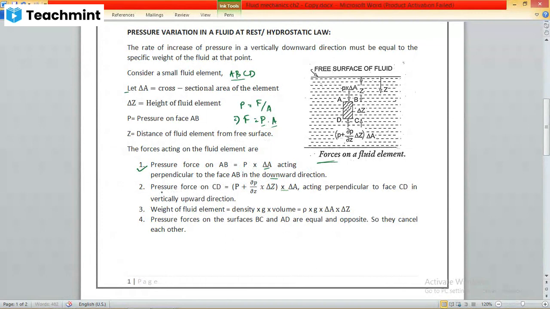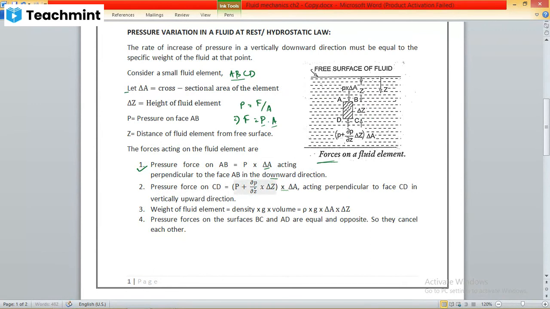Then the second force, the pressure force on CD, is equal to pressure, that is P plus del P by del Z into del Z. Why del P by del Z?